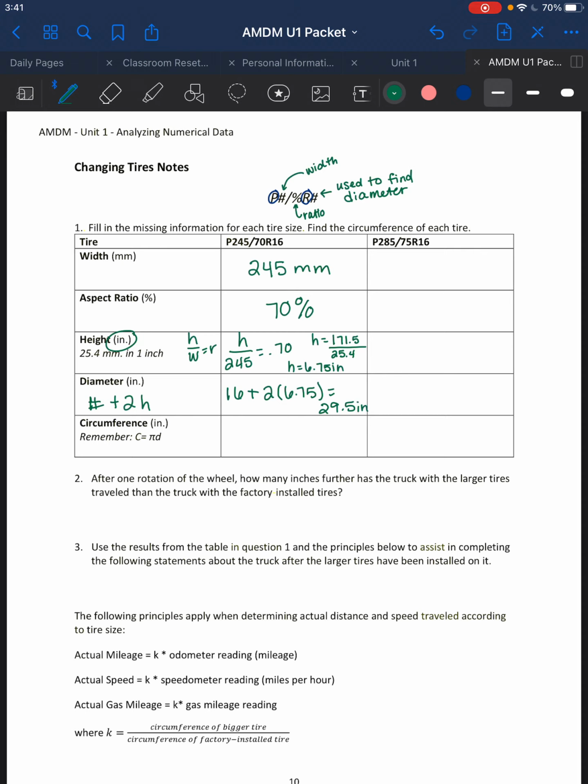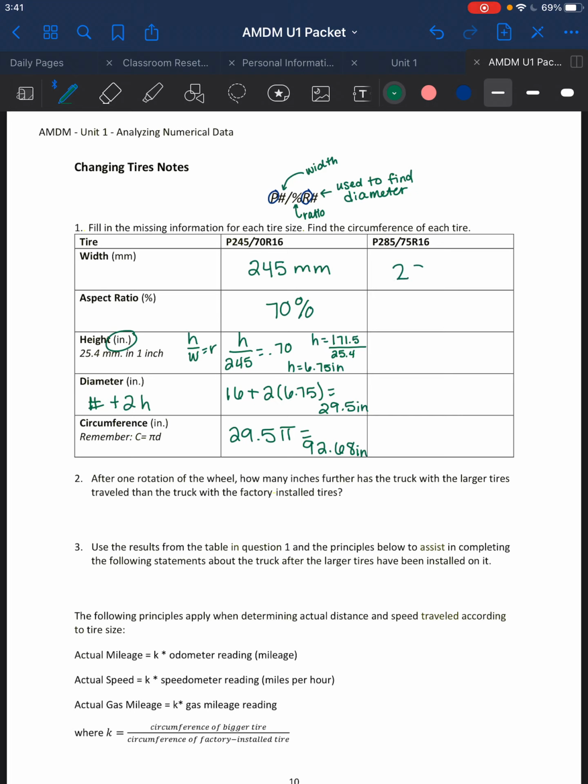To find the circumference, you're doing your diameter times pi. So 29.5 pi equals, and you plug that in and round it to the nearest hundredths place. So here's all my information for that tire.